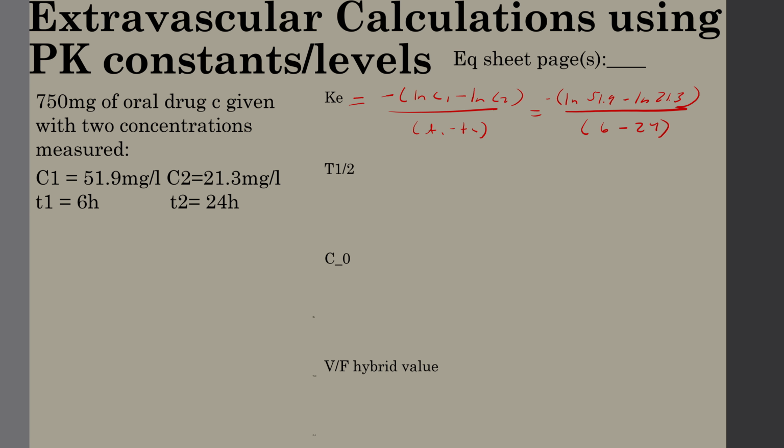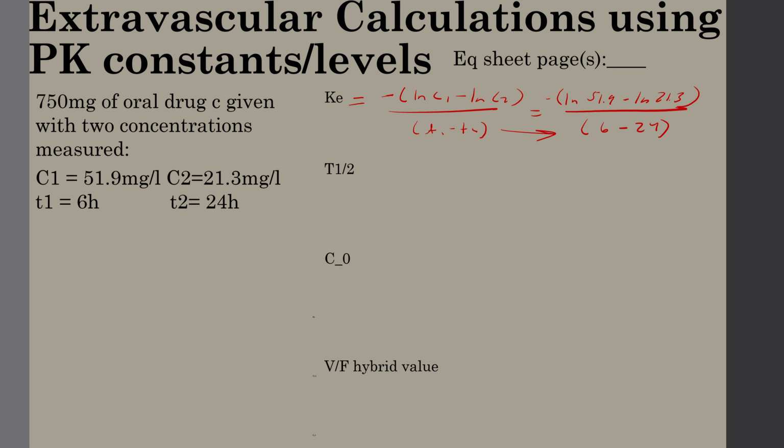And you can tell why the minus sign is there, because somehow you're going to end up with a negative either in the numerator or denominator, because you could actually use the concentrations in reverse here, which would make the bottom section positive and the top negative. So that's why there's always a negative there. If you get a negative Ke value in your calculation, you did it wrong. That's why in all of our other calculations we use e to the minus Ket, so you wouldn't have a double negative there. So I'm just explaining why there's a negative in this calculation.